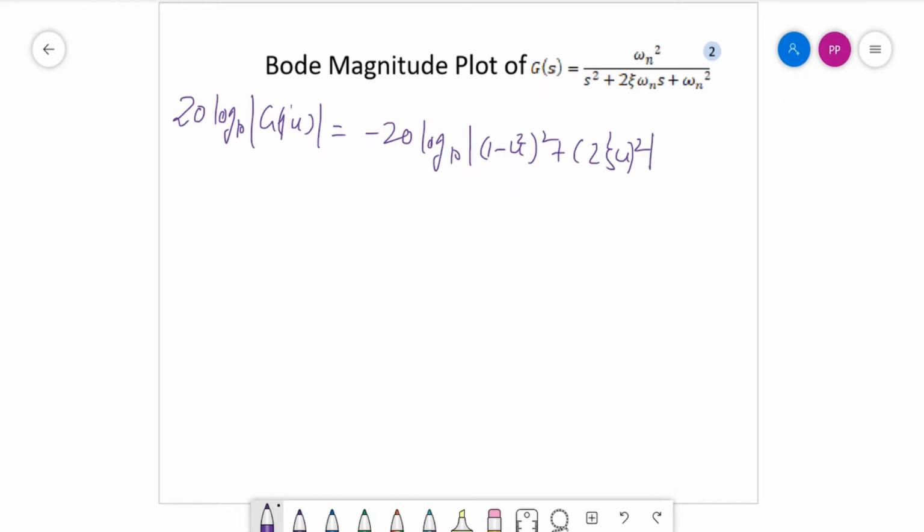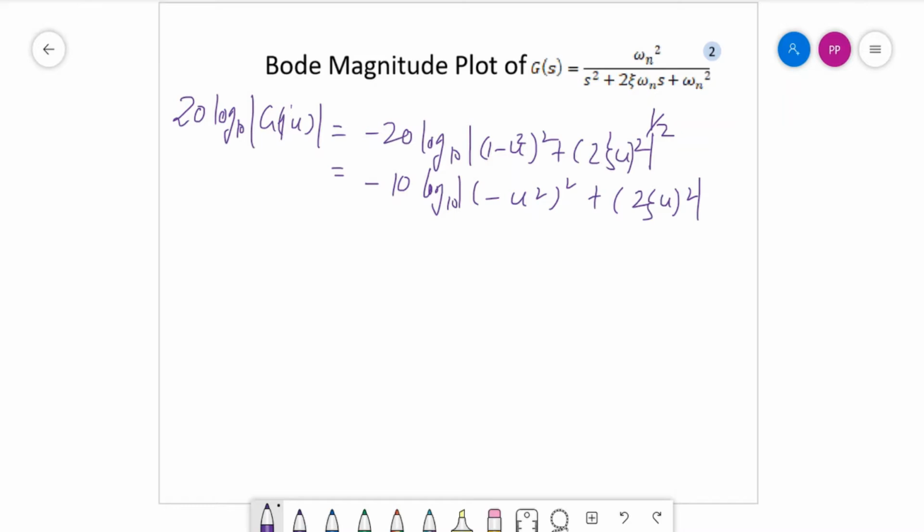This has the square root term, which is a power of 1 by 2, so that comes in front. So it becomes minus 10 log of base 10 of mod of 1 minus u square whole square plus 2 eta u square, like this.